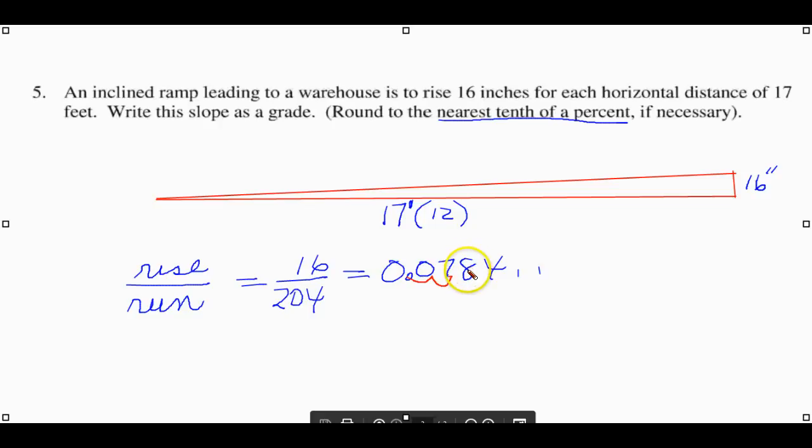We look at what's there and then what's there. If this were 5 or more, we'd make that 9, but not. We just drop it, so it's going to be 7.8%. And that is how they want us to put the answer into the system.